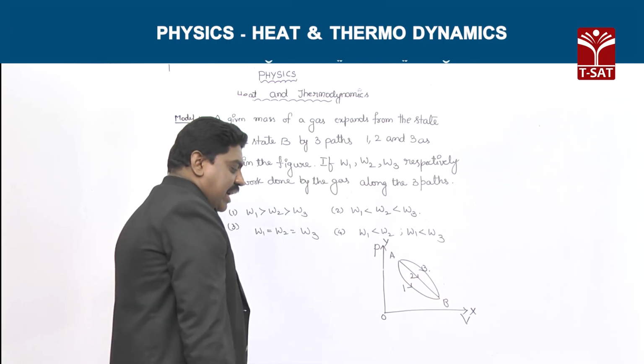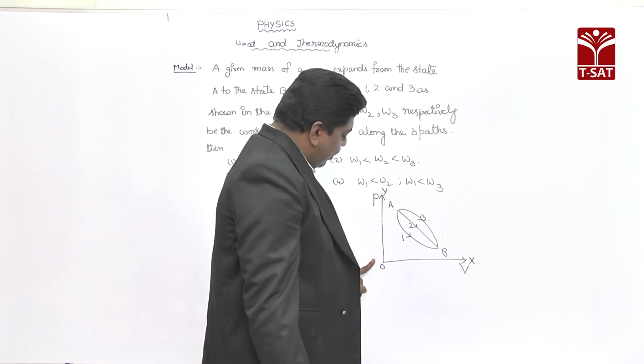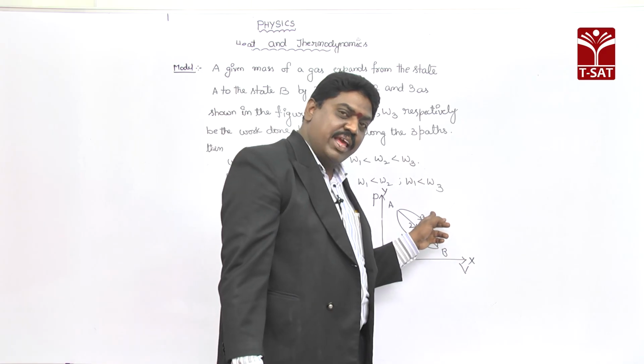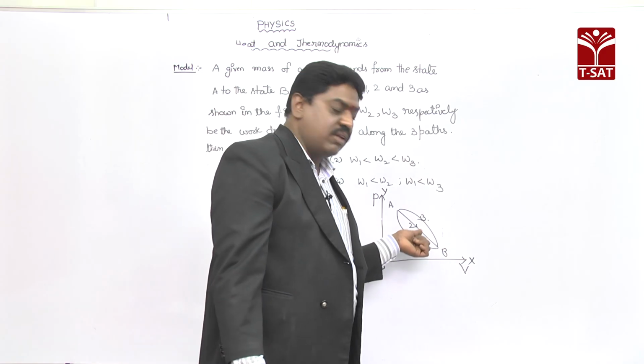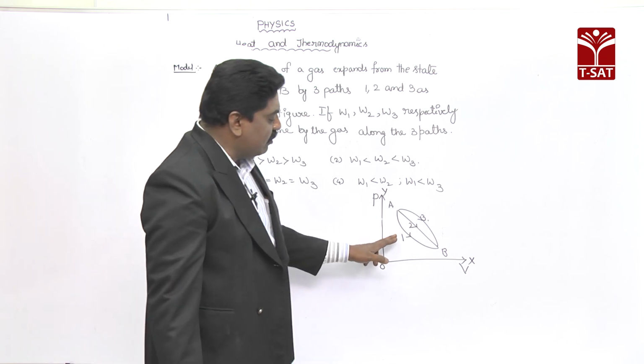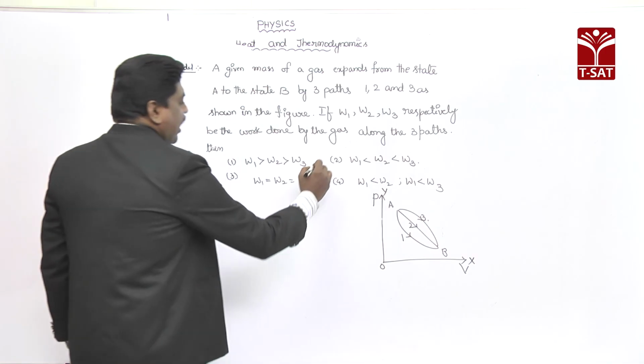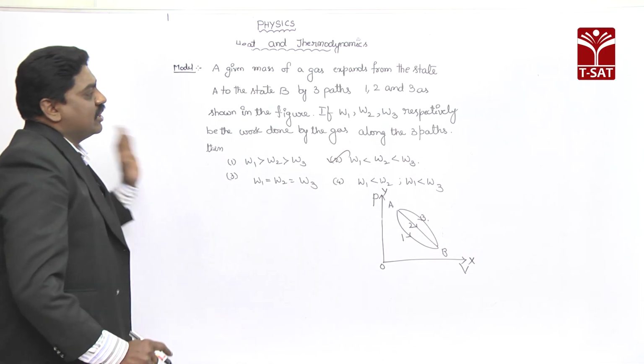So according to that condition, the first one will have the least value, the third one will have the maximum value, and the second one will have an in-between value. According to that, work done W1 should be less than W2 less than W3. It is the second option in the problem.